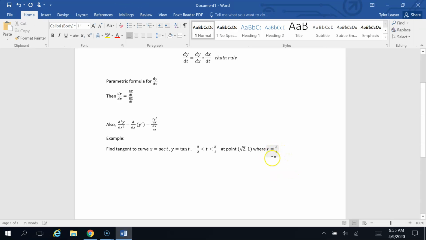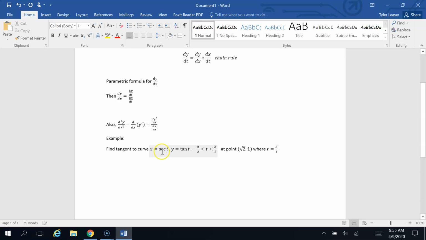But just know that they may give you the t or they may give you the point, and you can find one or the other very easily. If they just give you t is pi over 4, just plug pi over 4 into the parameterization functions, and this will spit out the root 2, 1. Secant of pi over 4 is square root 2. Tangent of pi over 4 is 1. If they give you the point instead, then set each of your functions equal to that coordinate.